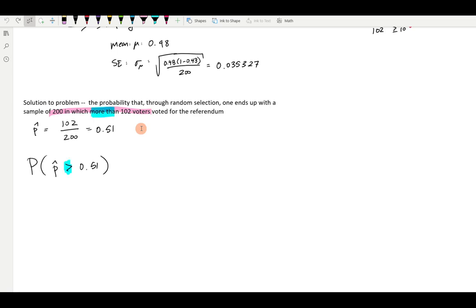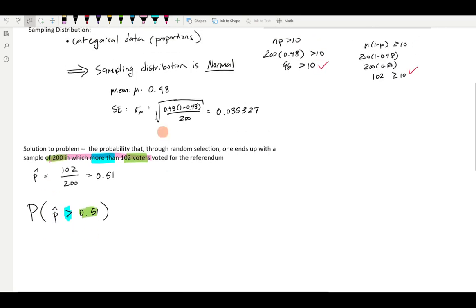I'm getting the 0.51 from the fact that it was 102 voters out of 200. And I'm dealing with p hat because I'm talking about the sampling distribution of a proportion. This is the symbol for that.